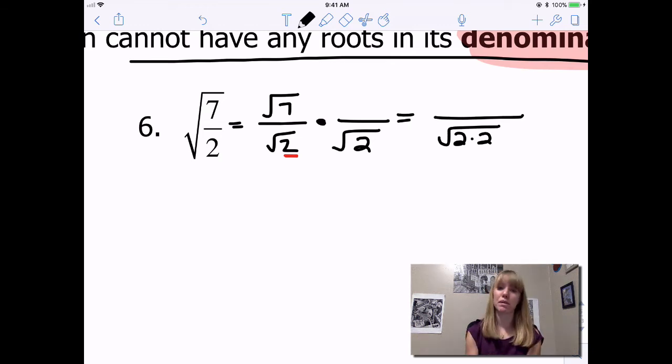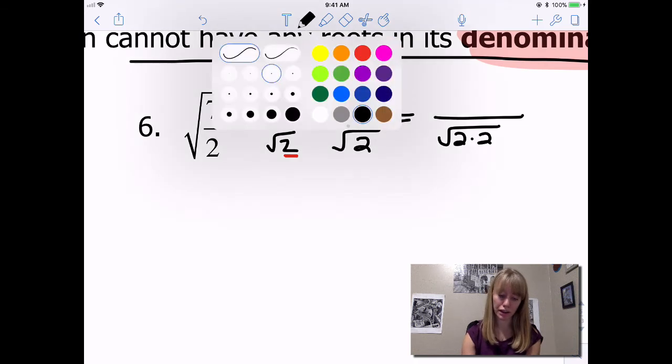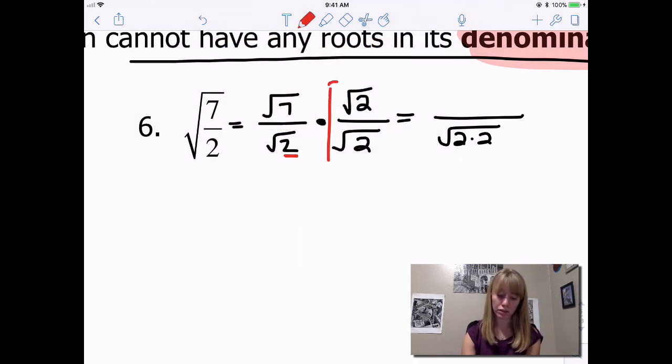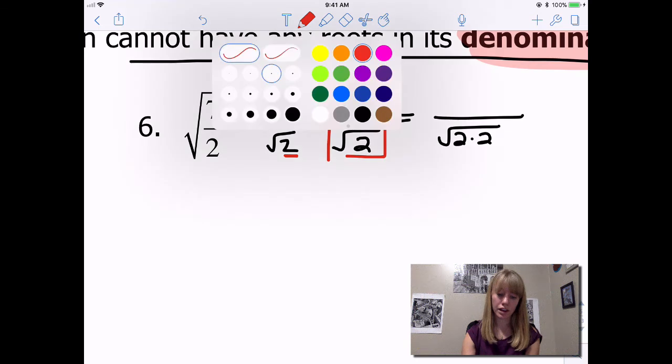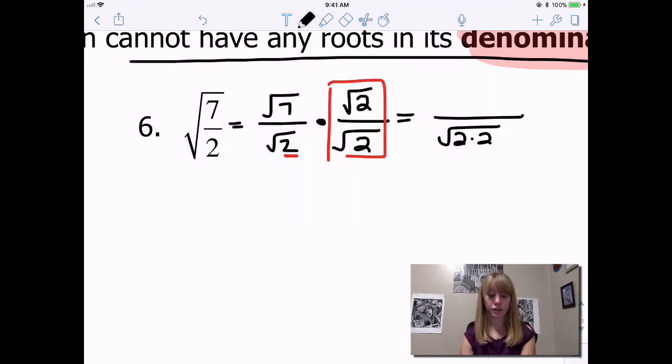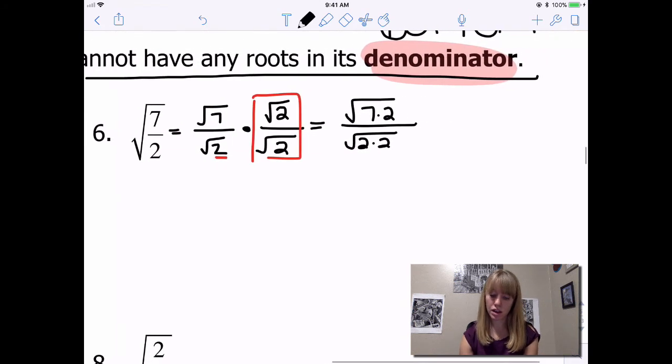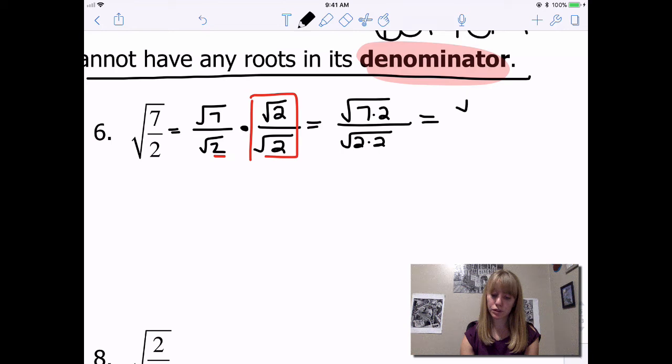But I can't just multiply by something on the bottom and think that that's going to be okay. If I multiply by something on the bottom, I also have to multiply it on the top. So now really I'm just multiplying by 1, which is fine, and I can go to work. So I've got 2 times 2, and then I've got 7 times 2 on the top. 7 times 2 is 14.